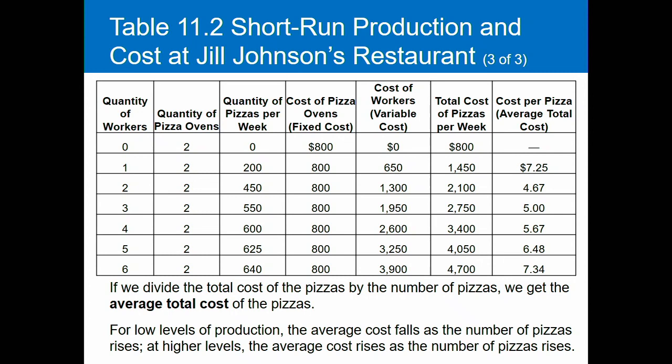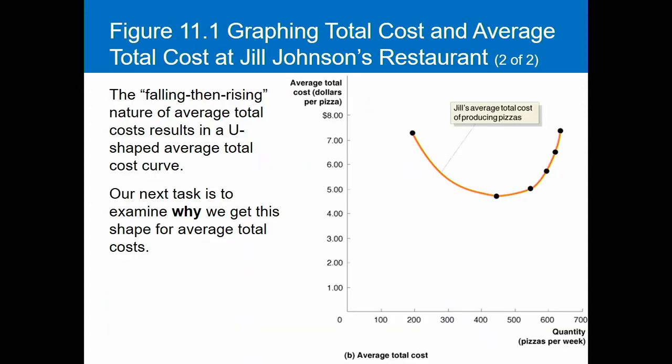So here for our first worker, the fixed cost is $800, the variable cost is $650. So one of the reasons why it's so high initially, and it falls over time at first, is because you have that fixed cost that's spread out over more and more units as you add more workers and they're able to produce more. So we have that U-shaped average total cost.